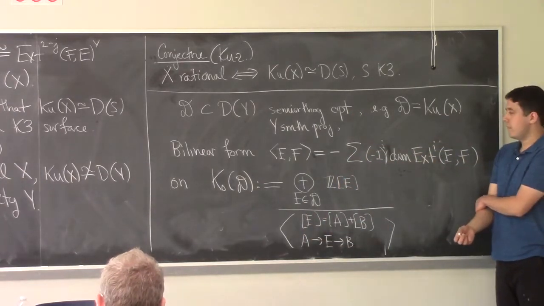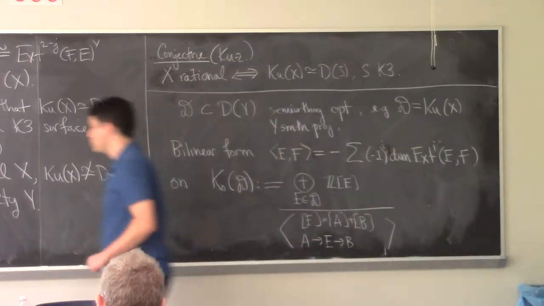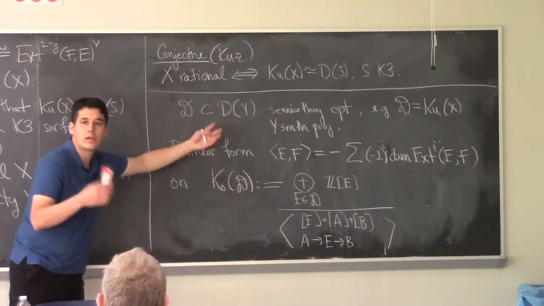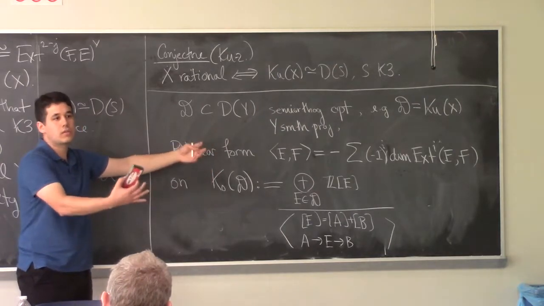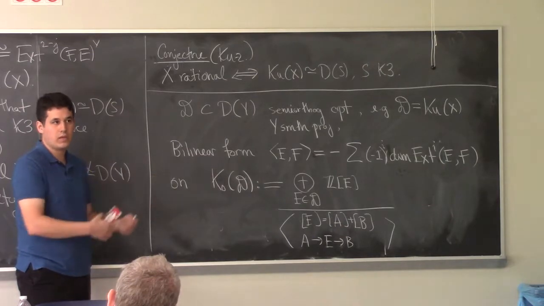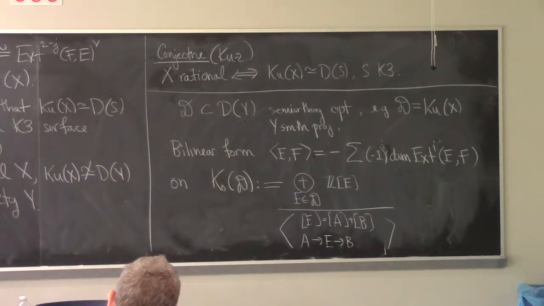Now, in general, this Grothendieck group can be humongous. It's comparable to the size of the Chow group of your variety, if D is D^b of your variety. So we're going to work with something a little bit smaller, called the numerical Grothendieck group. Let me define that for you.